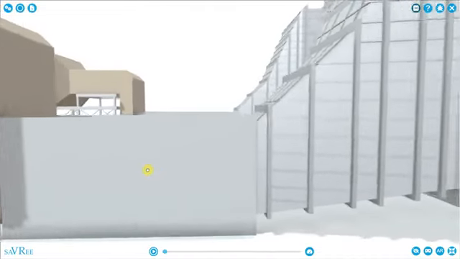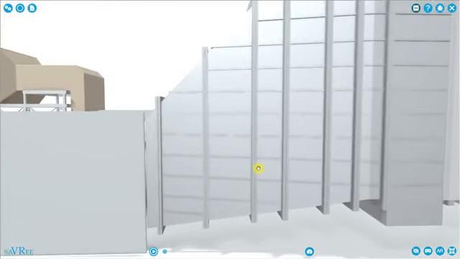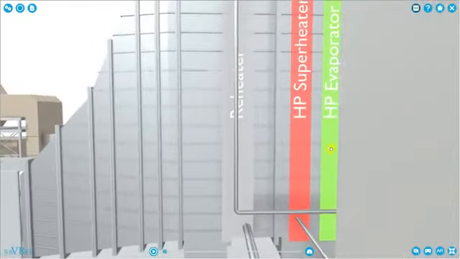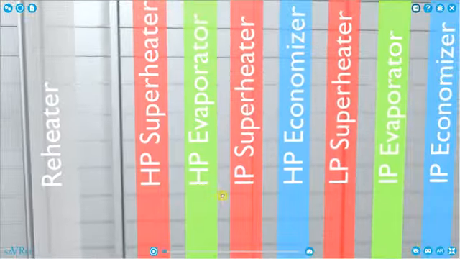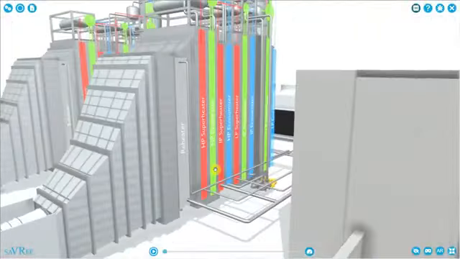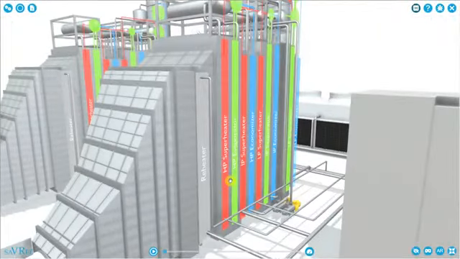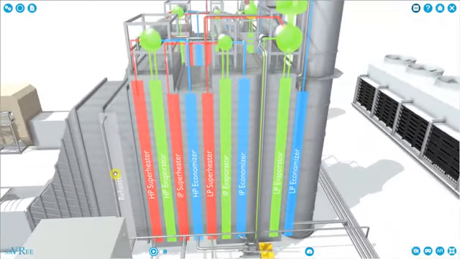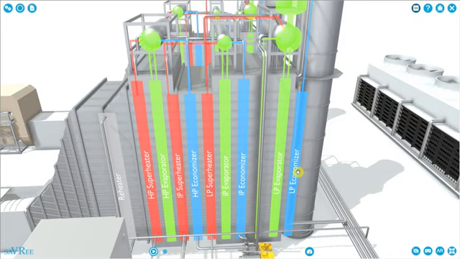Those hot exhaust gases, remember they may be at 500 degrees Celsius or 550 degrees Celsius, etc., will be discharged along here and into what's called a heat recovery steam generator, which is a type of boiler. And as the exhaust gases move from left to right along here, they transfer their heat to water, and then the water turns to steam.